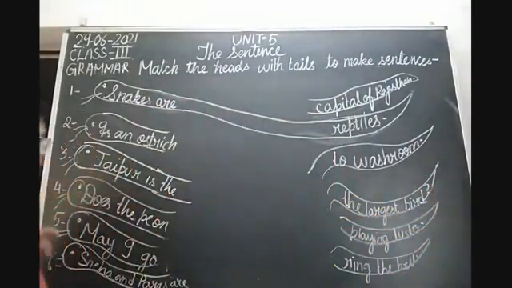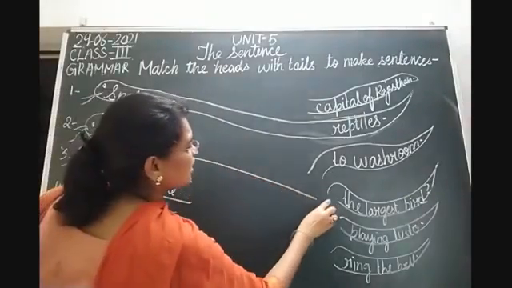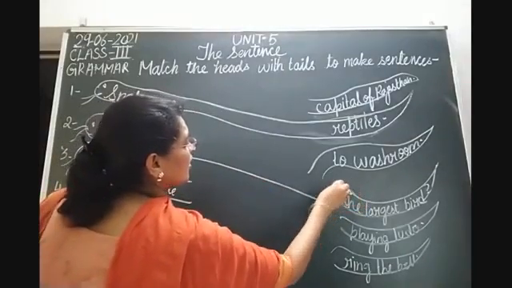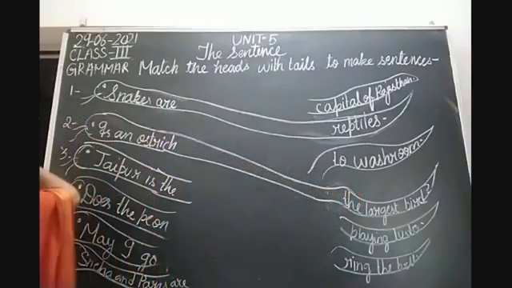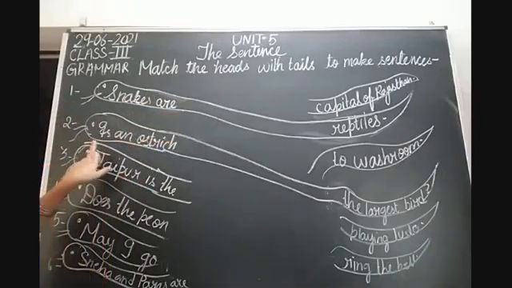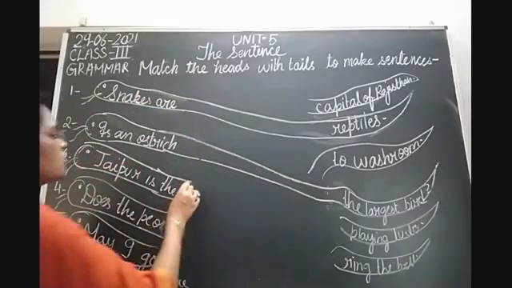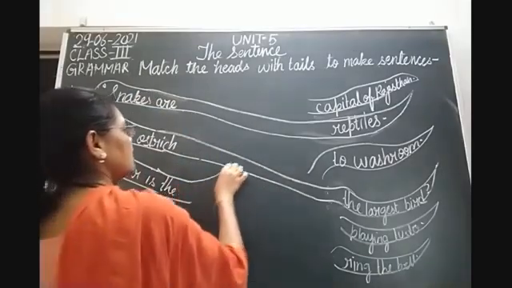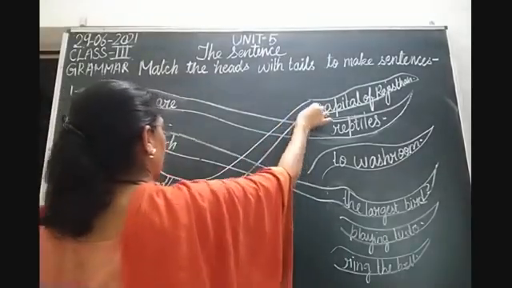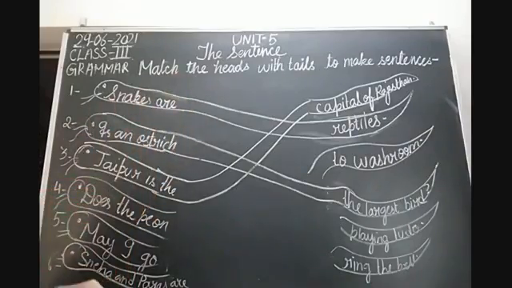So, is an ostrich the largest bird? Come on, match. Snakes are reptiles. Then, is an ostrich the largest bird? Second is a question. Then, Jaipur is the capital of Rajasthan. Match. Jaipur is the capital of Rajasthan.